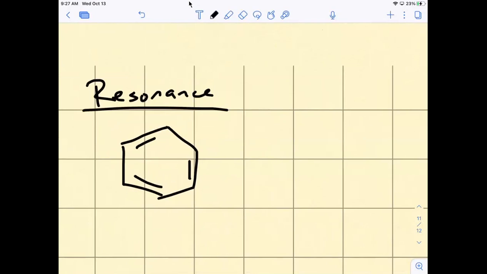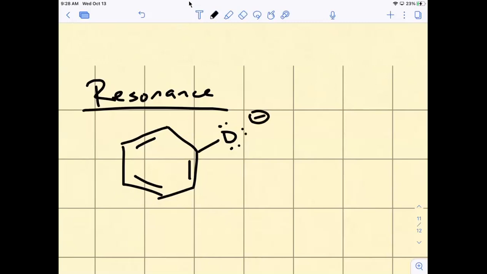Here, let's say I have a phenol. As a matter of fact, let's say we have the phenol anion.